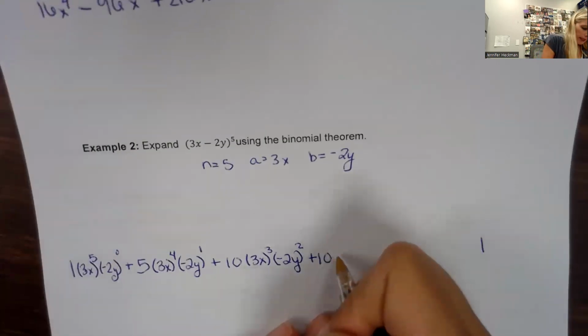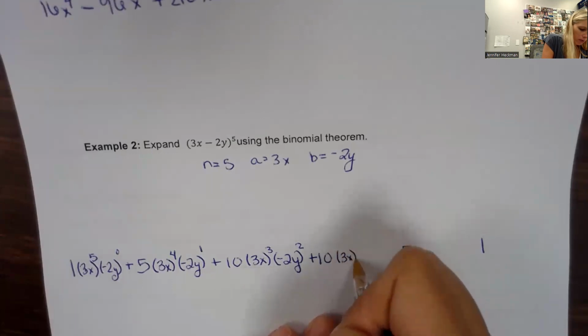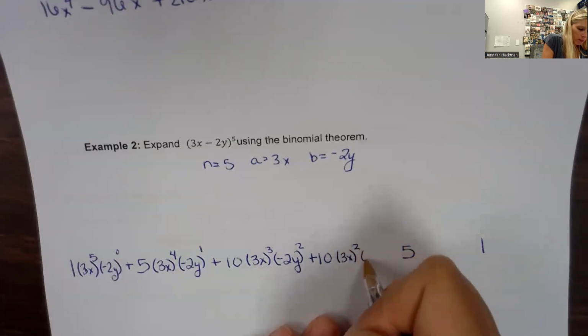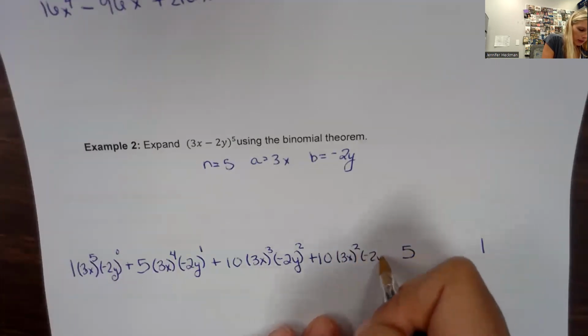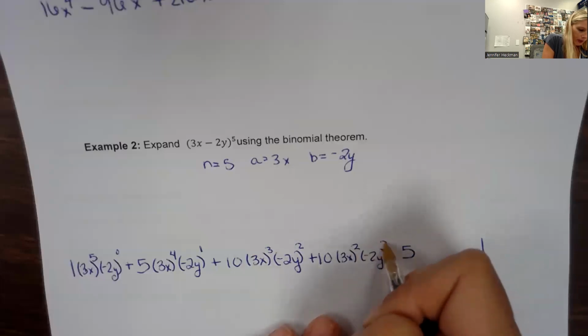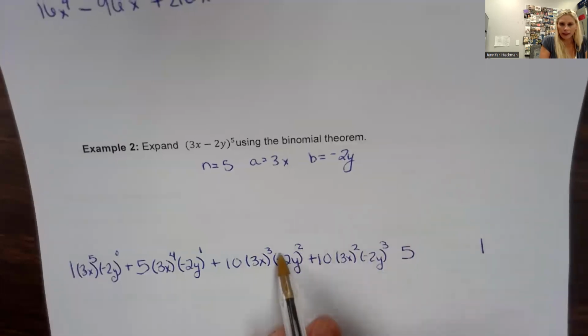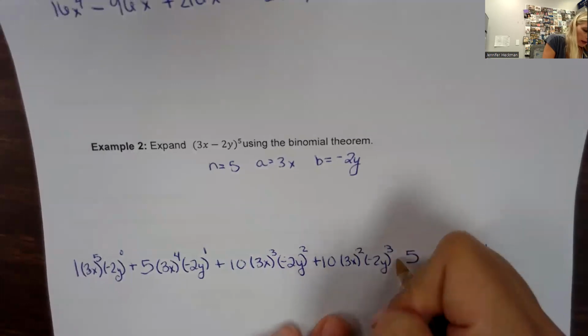Okay, again, here we're at our A term. We're going to go down one, which is 2 in this case, and our B term is going to go up 1. And I see I'm still on the right track because that's 5, that's 5.